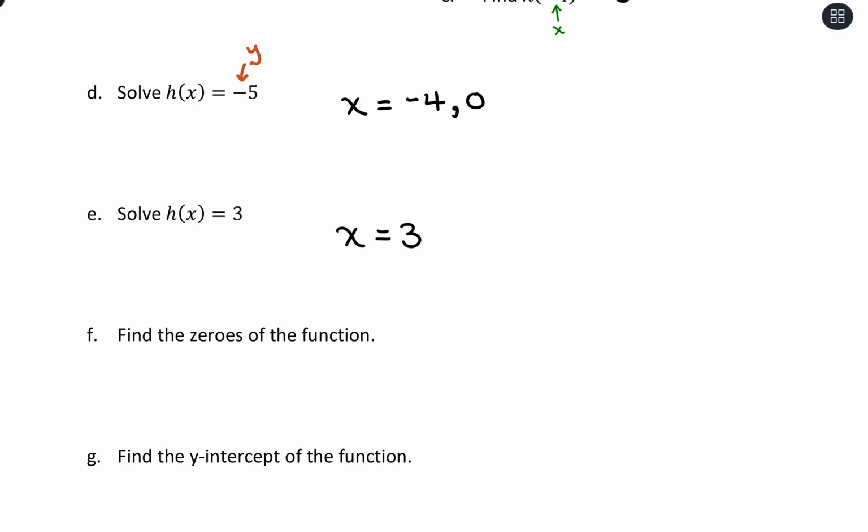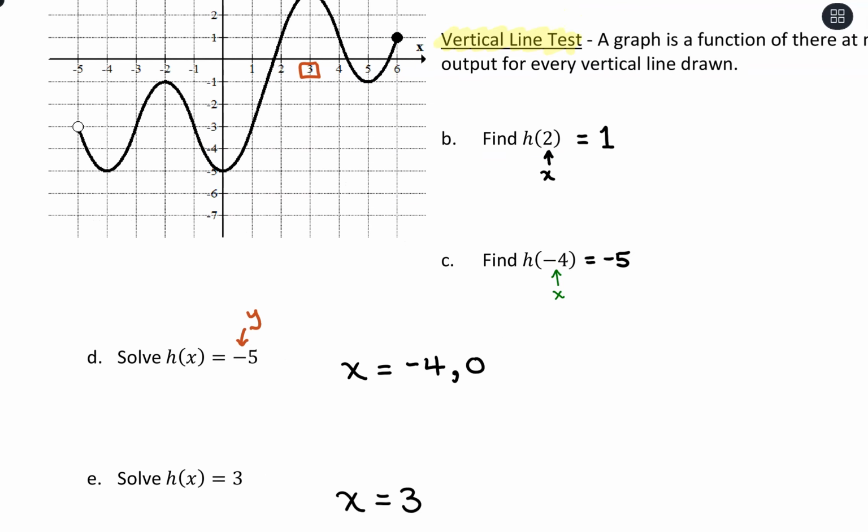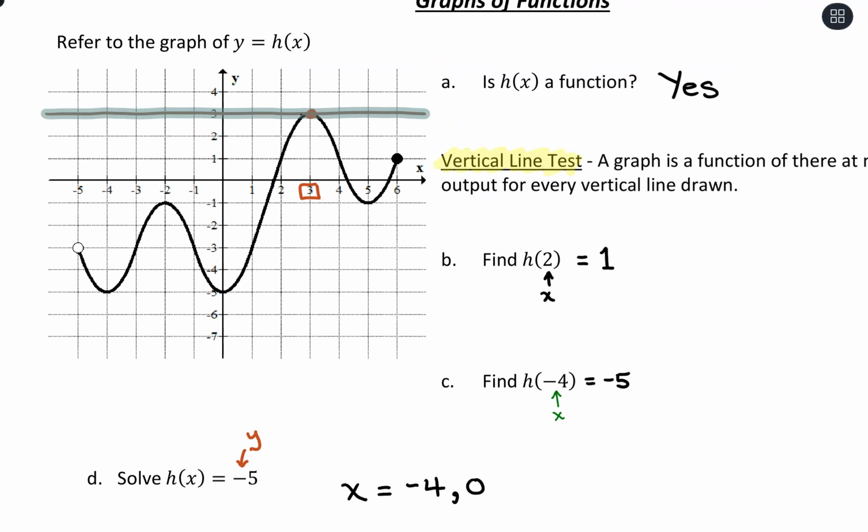Finding the zeros of the function, I wanted to go over this terminology because it comes up quite a bit. Really this is just asking for where is our output equal to 0. So where is h of x equal to 0? This is going to result in us drawing that horizontal line along the x-axis. So zeros occur along the x-axis, and then we go looking for our intersection points.